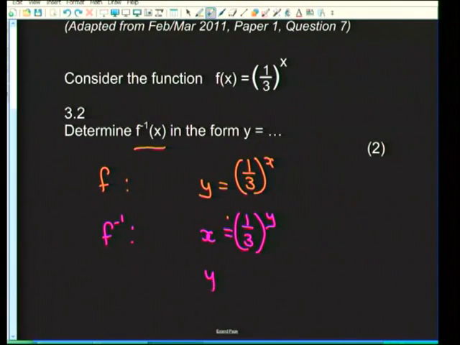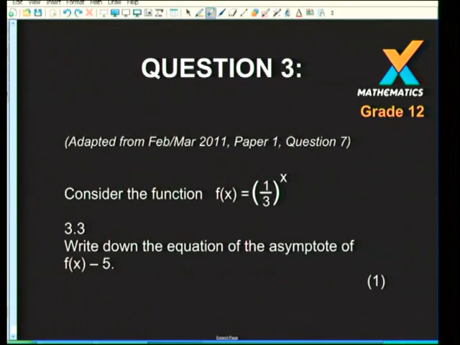Both of them have required you to move from an exponential form to a log form. They could have asked you to go from log to exponential too. So I did show you how to avoid getting stuck on that. So the answer is y equals log to the base 1/3 of x, and that would give me the equation f to the minus 1. All right, so nice and easy so far, nothing really hectic.